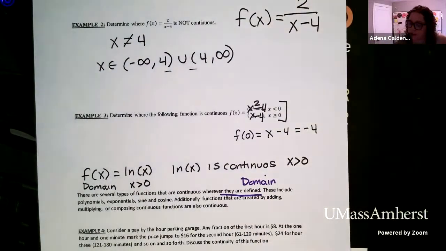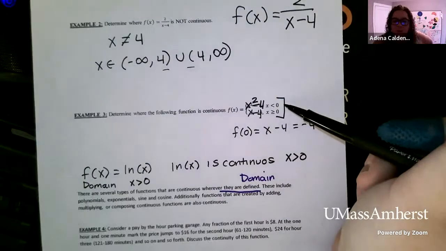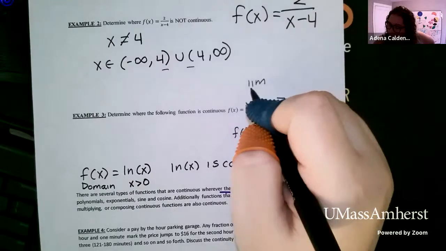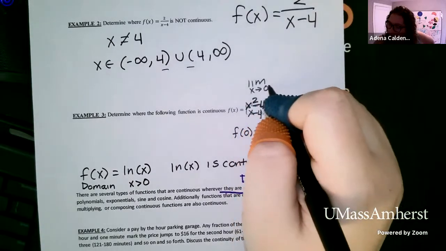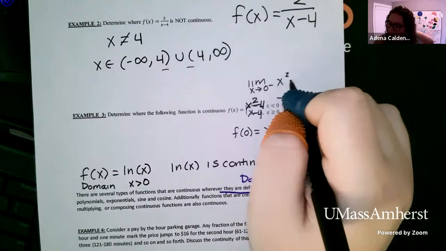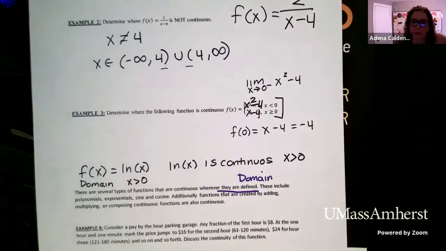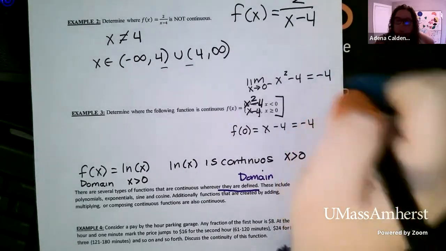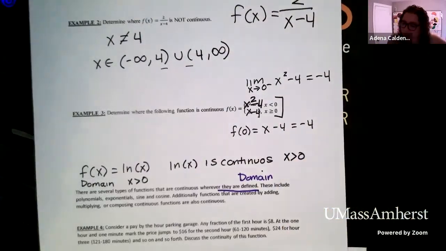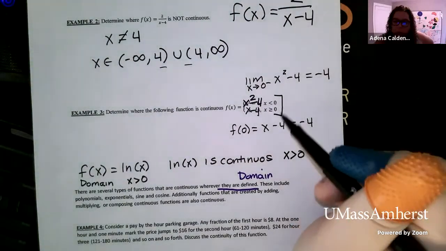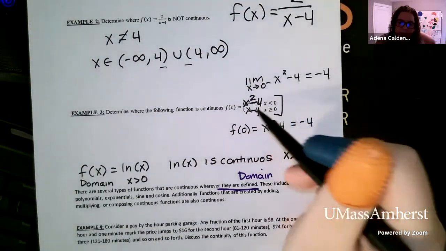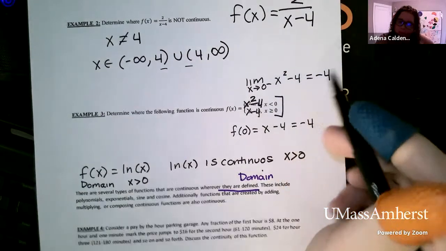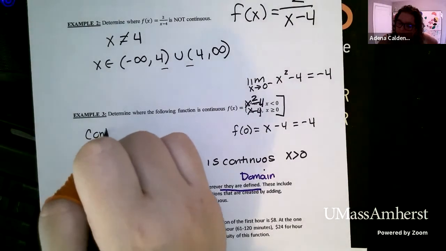But then we also want to consider what value is this approaching in terms of a limit, since we don't have the equality here. So the limit as x approaches 0 from the left of x squared minus 4. So as you get closer and closer to 0, you will see that this also approaches negative 4. So since it's the same at the point where it splits, and since neither of these have any individual problems with domain, that means this function is continuous everywhere.